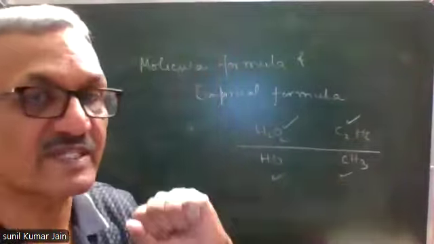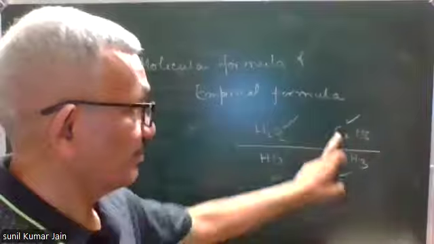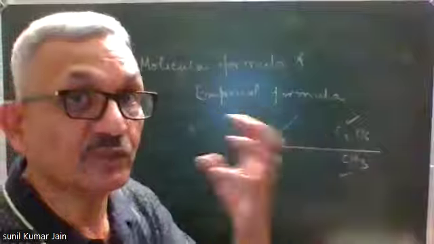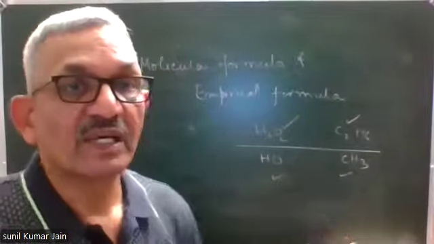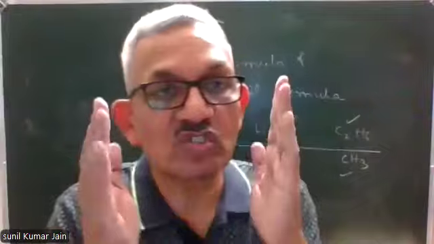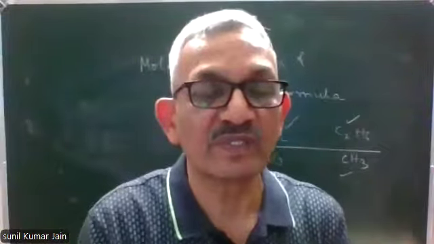In molecular formula, we represent the actual number of atoms of each element present in one molecule. Whereas in empirical formula, we represent the simplest whole number ratio of different atoms present in one molecule of the compound. So I'm dictating the definition.